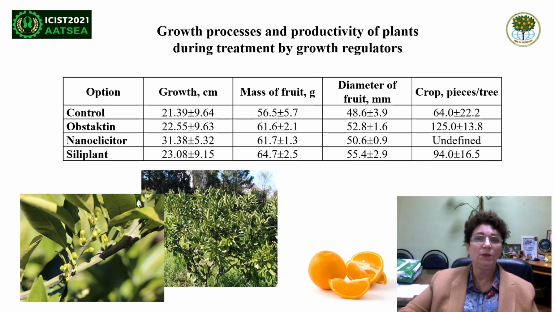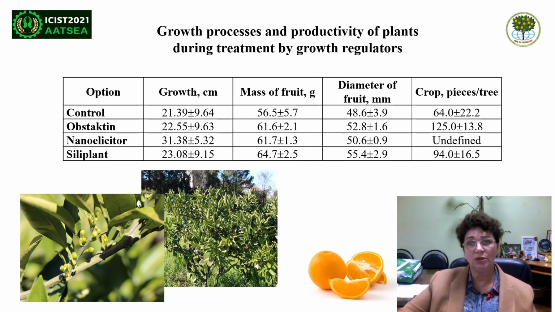Nanoelicitor showed significantly highest growth of plant, followed by plant obstructin. Plant treatment showed significantly highest mass of fruits, followed by nanoelicitor and obstructin. The highest diameters of fruits was shown in plant treatment, followed by obstructin and nanoelicitor, as a result.